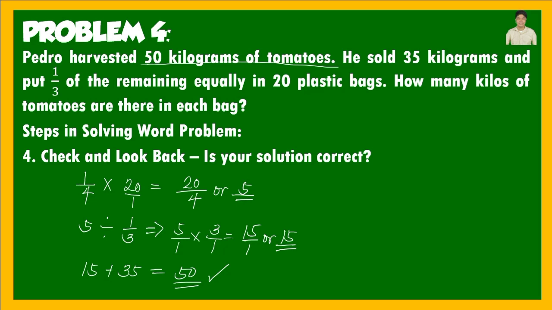So kung i-check natin pabalik, okay, pwede natin gamitin yung number sentence kanina. So, 1/3 ng 50 minus 35 is 5, di ba?